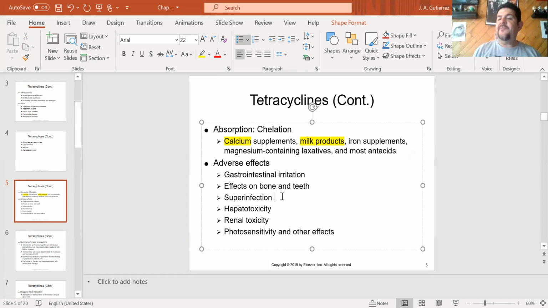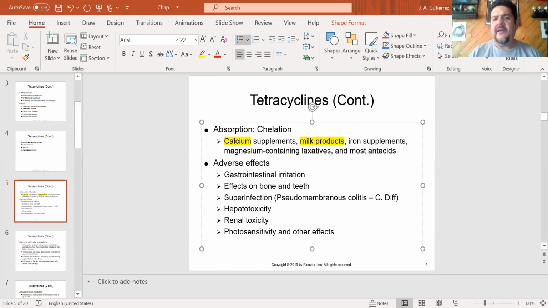Also, tetracyclines can produce a superinfection, and we mentioned pseudomembranous colitis being the name of that superinfection. And pseudomembranous colitis is infection by Clostridium difficile or C. diff, a very, very smelly diarrhea.